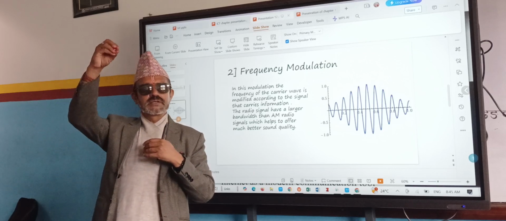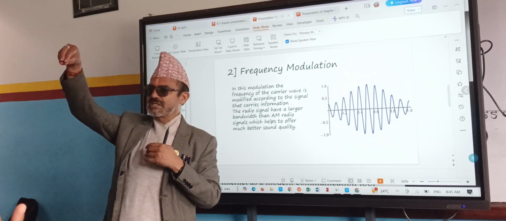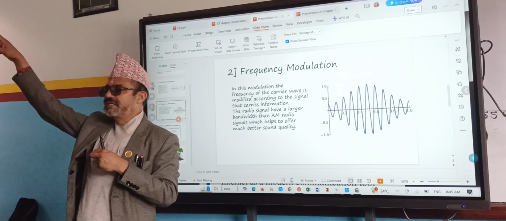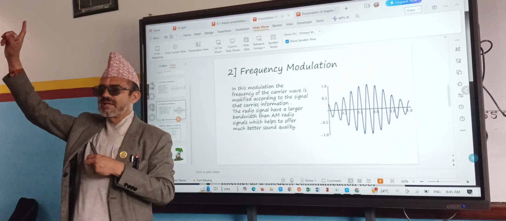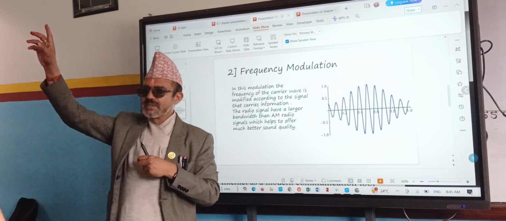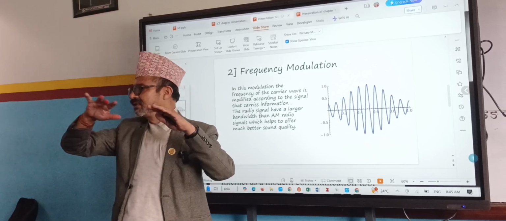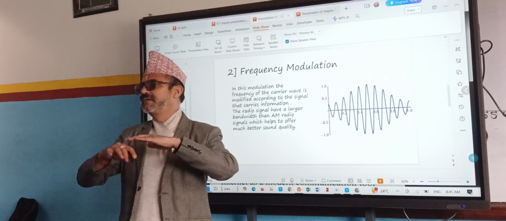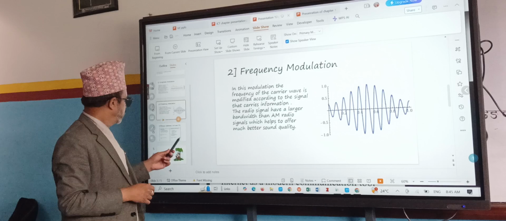The signal is broadcast from Kathmandu, actually not from here, but especially from one hill, Phulchoki. Have you heard of that? There is a tower of Radio Nepal or Nepal Television. Those towers are kept at high altitude so that signals can be transmitted easily. So if it is in the form of AM, it occupies a wide area and can be heard over long distances.